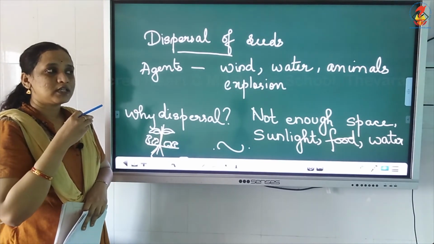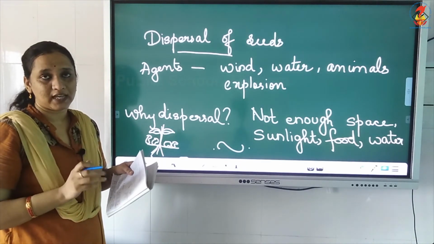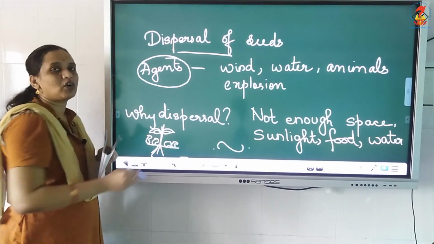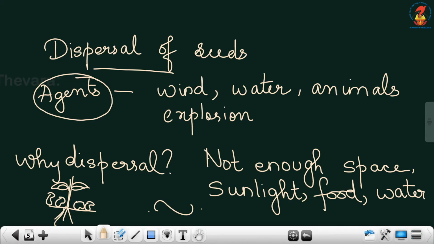Now, seeds cannot be taken away on their own. They need to be taken by agents. We call them agents of dispersal. Like you have wind, water, animals and explosion.